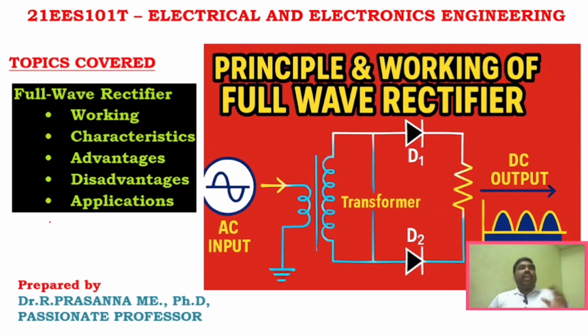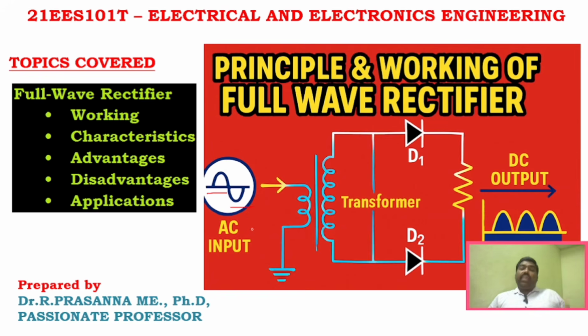That is, in half wave rectifier, rectification will happen in only one half cycle. So that is why it is called half wave rectifier. But in full wave rectifier, we will be using two diodes, so that we can obtain a pulsating DC in both positive and negative half cycle of AC input.